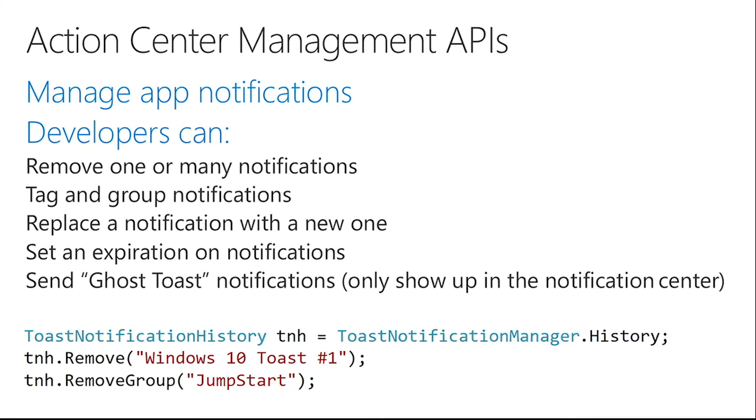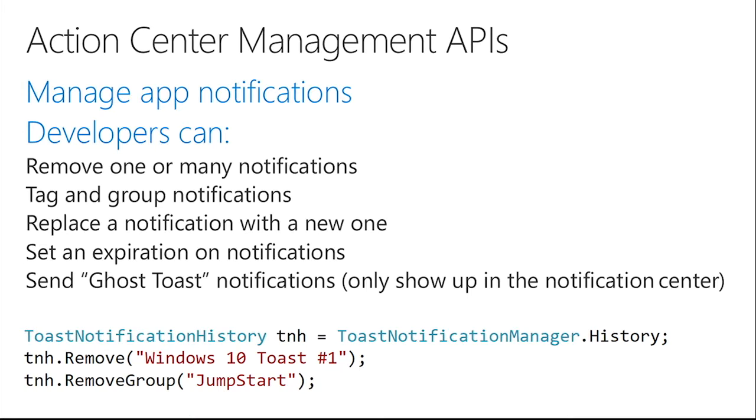I'm sure many of you who have Windows 10 devices have opened up your machine or phone in the morning and seen a notification saying 2 apps have been updated or something. That's an example of a toast that has gone into Action Center, but there was never one of these interactive pop-ups. That's called a ghost toast. It does appear in the list of notifications, so the user can find it there, but it's not interruptive.